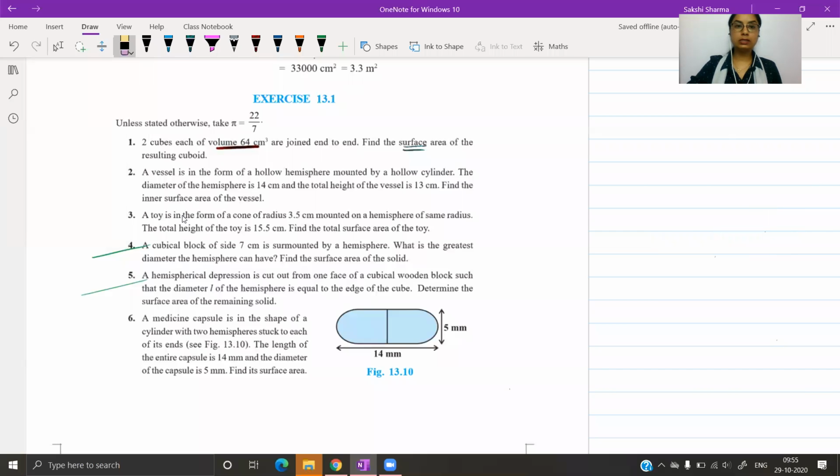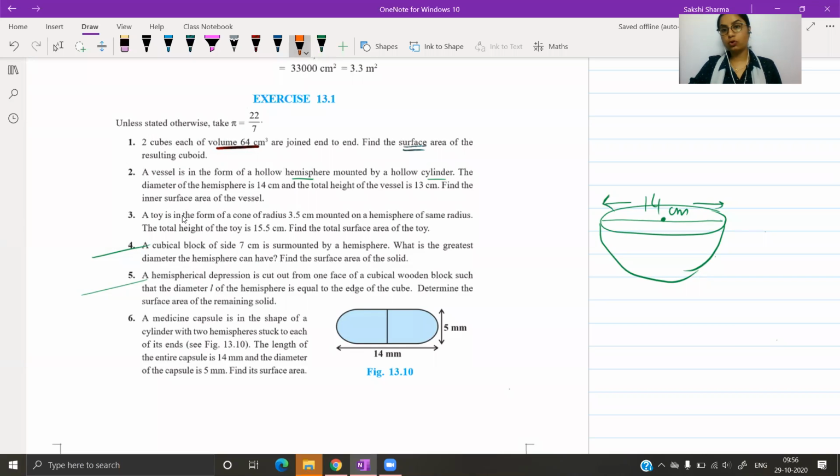Unless indicated, the base radius will be considered the same for the hemisphere and the cylindrical part. So there is a hemisphere and its diameter is 14 centimeters, so this is 14 centimeters across. It is surmounted or mounted by a hollow cylinder.